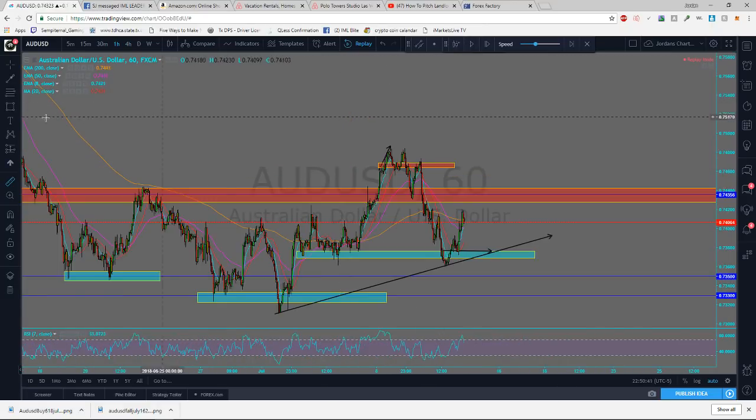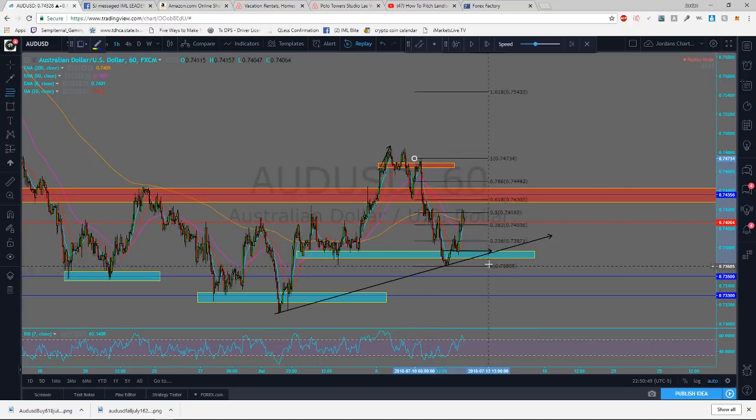Okay, but maybe traders were looking at this. Maybe you can measure it from this high to this low, because we haven't had a really solid retracement yet. And then we notice that this is a 61.8 zone. We've reversed in here in the past.